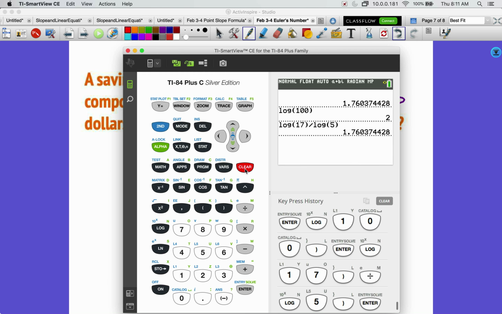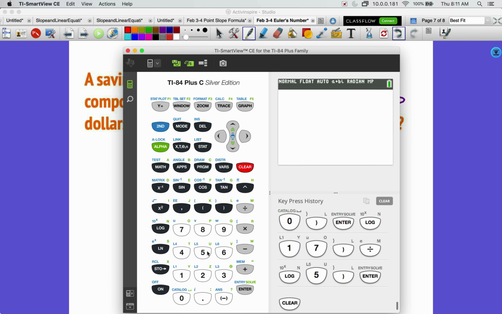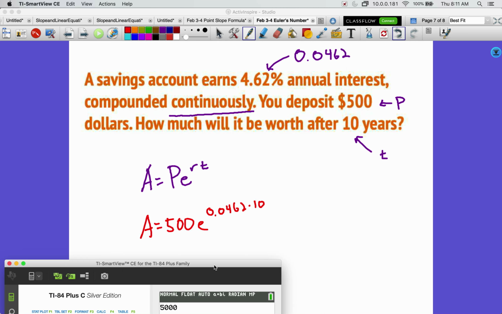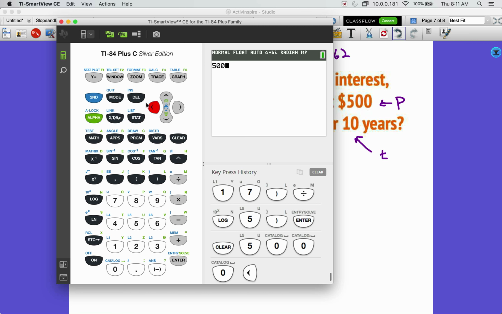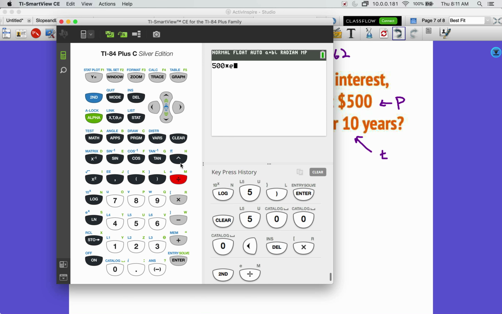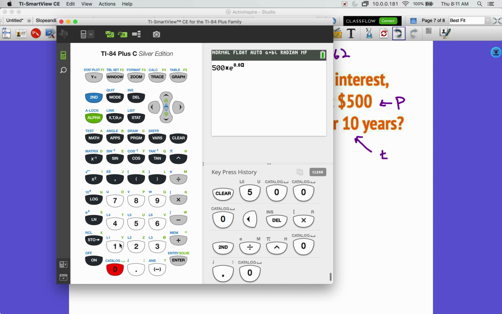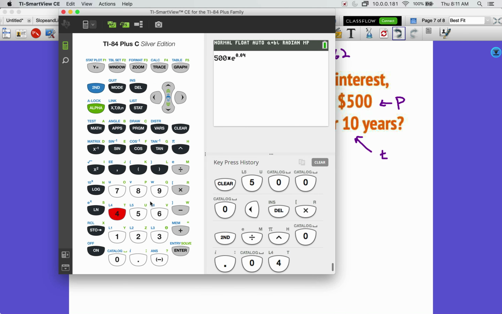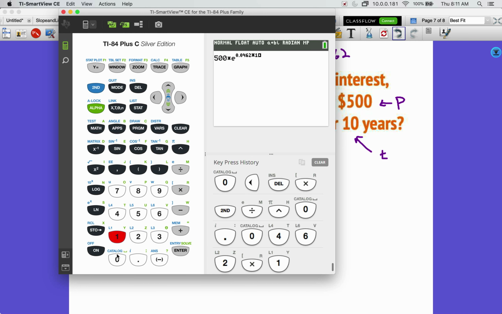And I will get our principal, 500, times, here's where e is right there, so second e to the power of interest rate 0.0462 times 10.